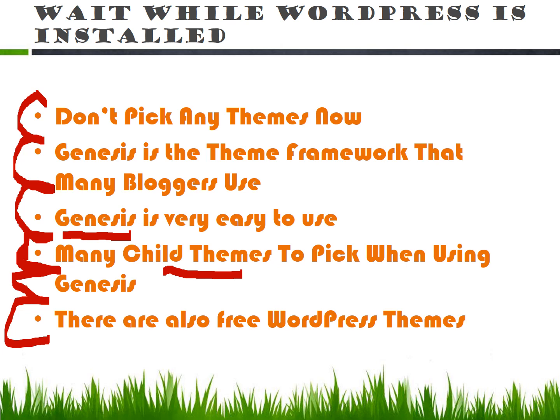Those are paid themes, but there are several good things about them. You can use them on as many websites as you want. Once you own it, you own it. It's not just one install. But there are also free WordPress themes when you get into your dashboard. You'll see Themes on the sidebar, and there are paid ones there as well.